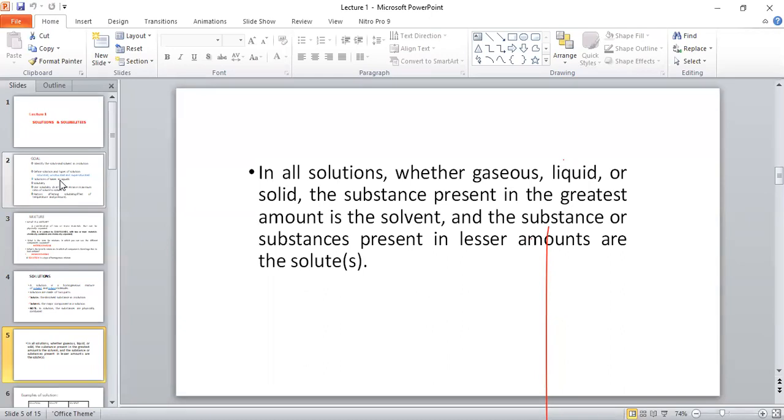In all solutions, whether gaseous, liquid, or solid, the substance present in the greatest amount is the solvent. The substance or substances, it could be more than one, present in lesser amount are the solutes, which are solvated in the solvent and gone into solution.